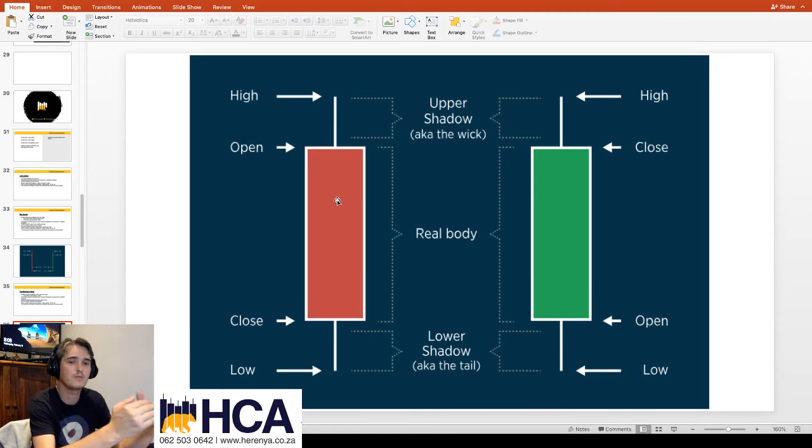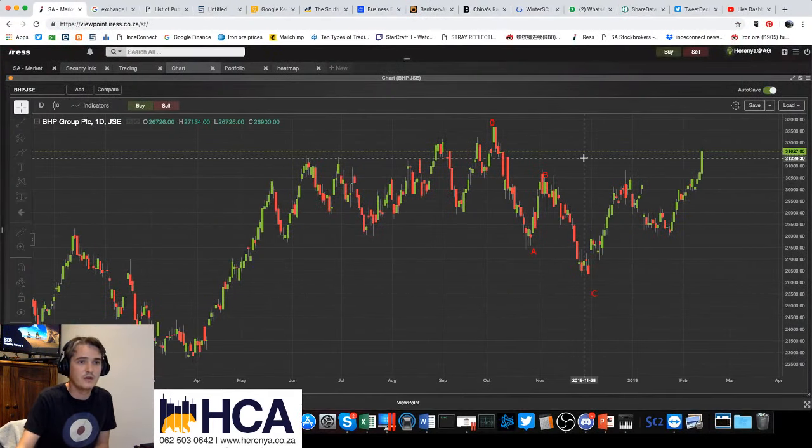So if the candle opened at the top, and during the course of the time period, the price moved down and closed at the bottom, then we have a red candle, right? On the flip side, if the market opened at the low and pushed up during the course of the day and the closing price is above the opening price, then we have a green candle. All right, so this makes it a lot more easily recognizable when looking at these different things.